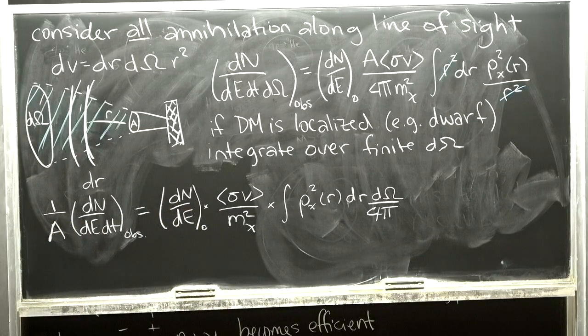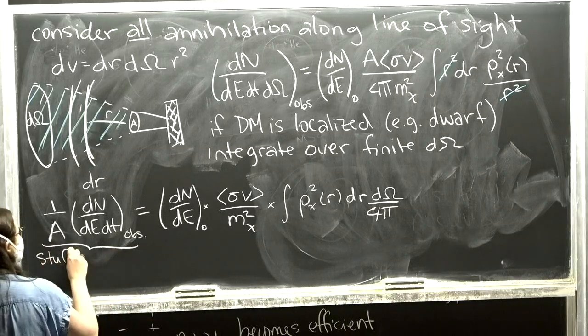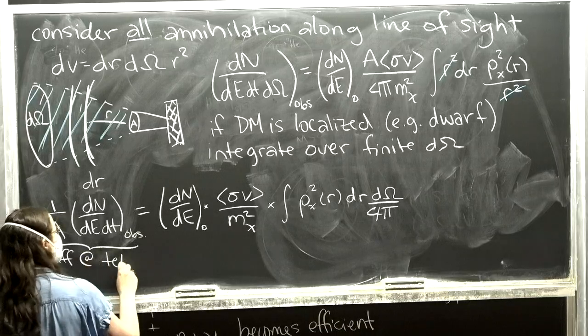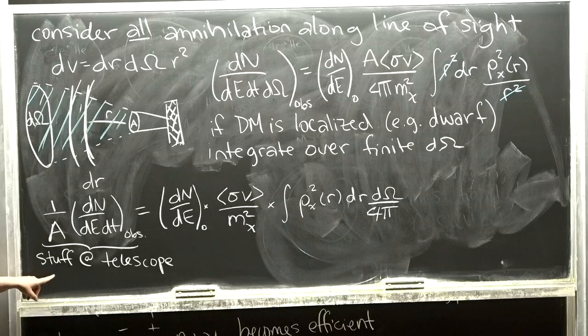And so why have I written it in this particular way? Well, it's because one really nice property of doing this type of search is that all of the different factors factorize, essentially. All the stuff over here that I've grouped in this term is stuff that happens at the telescope. So all of this stuff on the left-hand side is going to be a function of how big your telescope is, what its energy resolution is, what energy range it's sensitive to, what the bin size is, and so on.